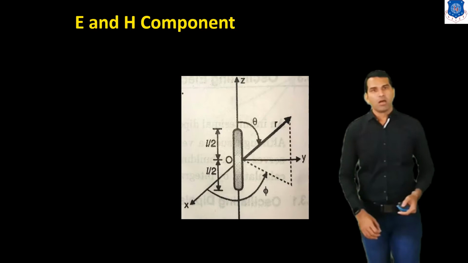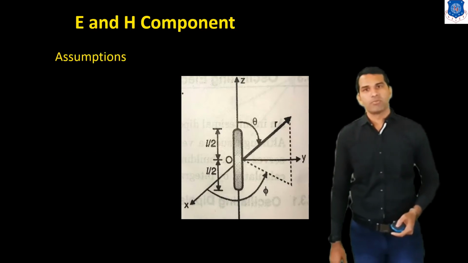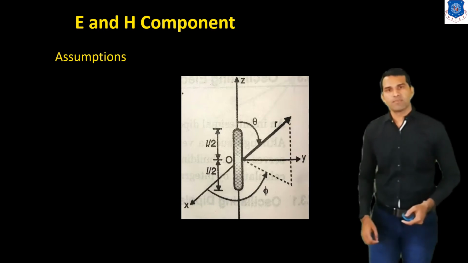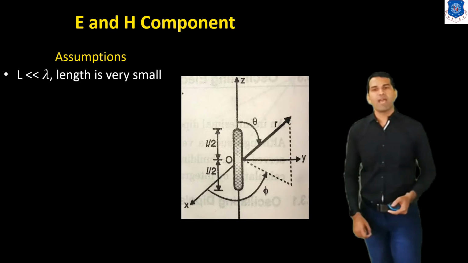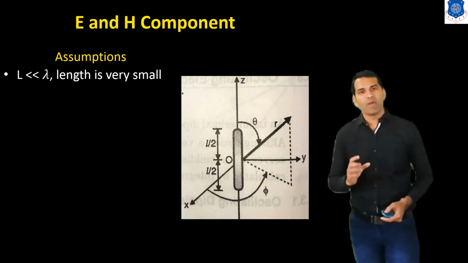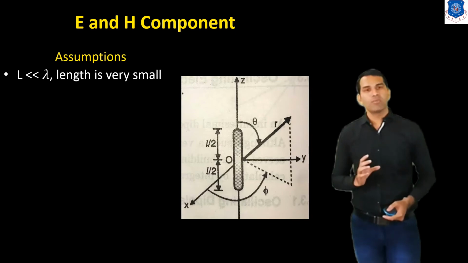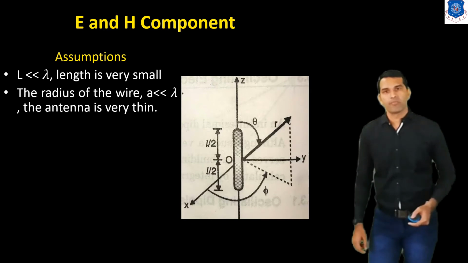Now to analyze the E and H components, first we take some assumptions. The first assumption is that L is very much less than lambda, that is, the length is very small. So here we consider the dipole antenna length is very small.